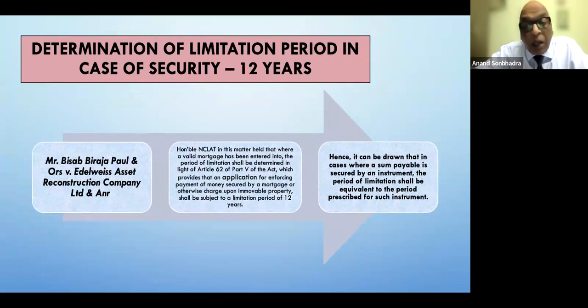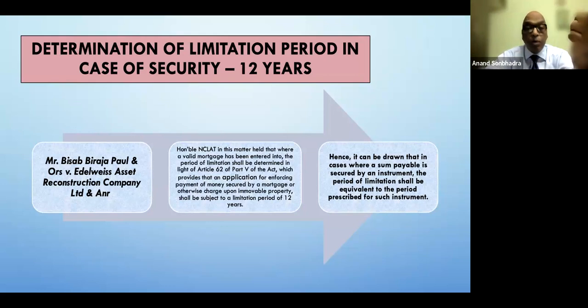So now with 238A, let's look at some of the cases where the determination of the period has happened very clearly. Bishop Biraja Paul and others versus Edelweiss Asset Reconstruction Company. The NCLAT in this matter held that where a valid mortgage has been entered into, the period of limitation shall be determined in light of Article 62.